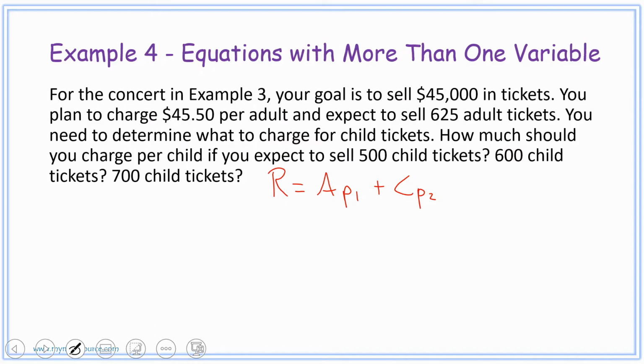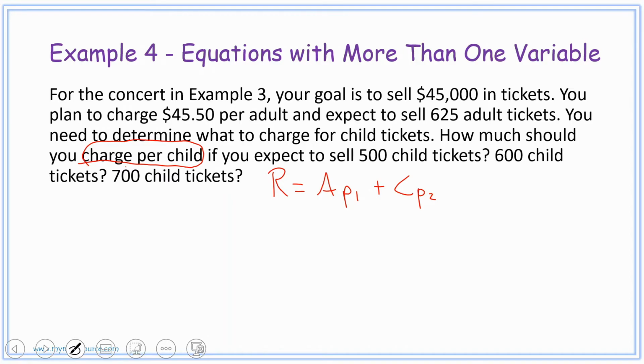You plan to charge $45.50 per adult and expect to sell 625 adult tickets. You need to determine what to charge for child tickets. How much should you charge per child if you expect to sell 500 child tickets, 600 child tickets, or 700 child tickets?